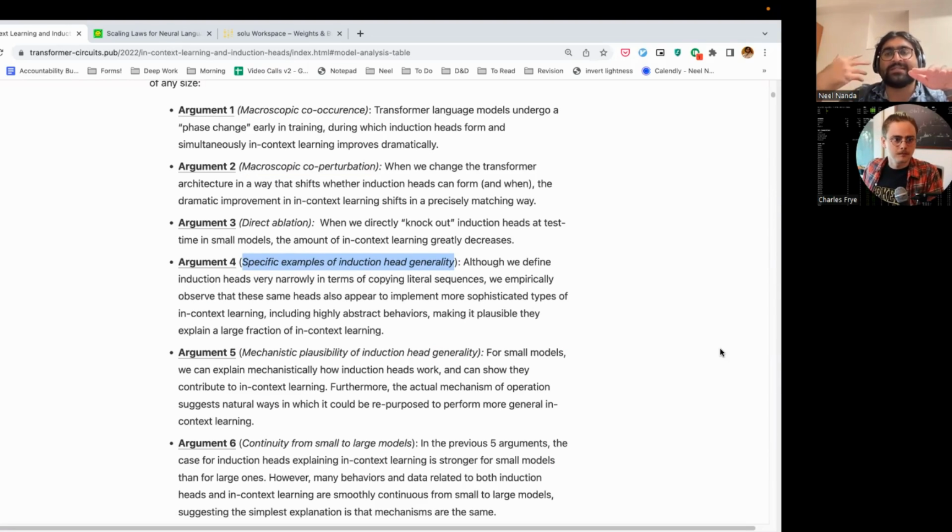For example, there are heads that can do induction between two languages, where the token after an occurrence of the same token actually means the token after an occurrence of the current word in the other language, or few-shot learning, where it attends to the most similar examples of the current problem earlier in the context, even for really weird and novel tasks.